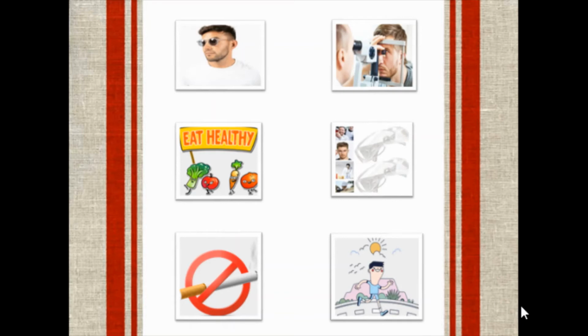There you have it. We've just finished the parts of the eyes and the different ways to take care of our eyes. This time, let's move on to another part. The next part that we are going to talk about is the organ that is responsible for sounds or hearing, the sense of hearing.